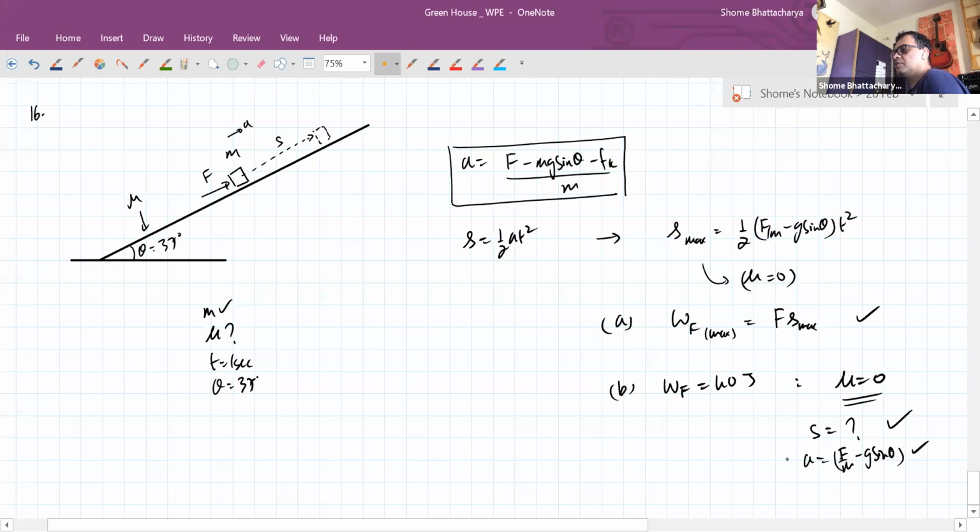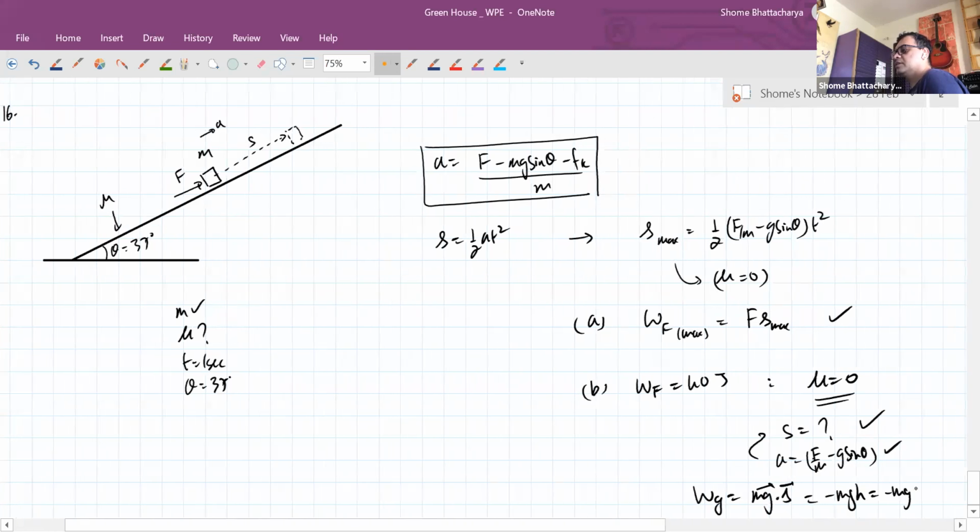So displacement will be half a t square. So now you know that the work done by gravity will be mg dot s, or minus mgh, or minus mg s sine theta. So you can work it out from this. Can you people finish this question yourself? Yeah, you understood how to do this now.